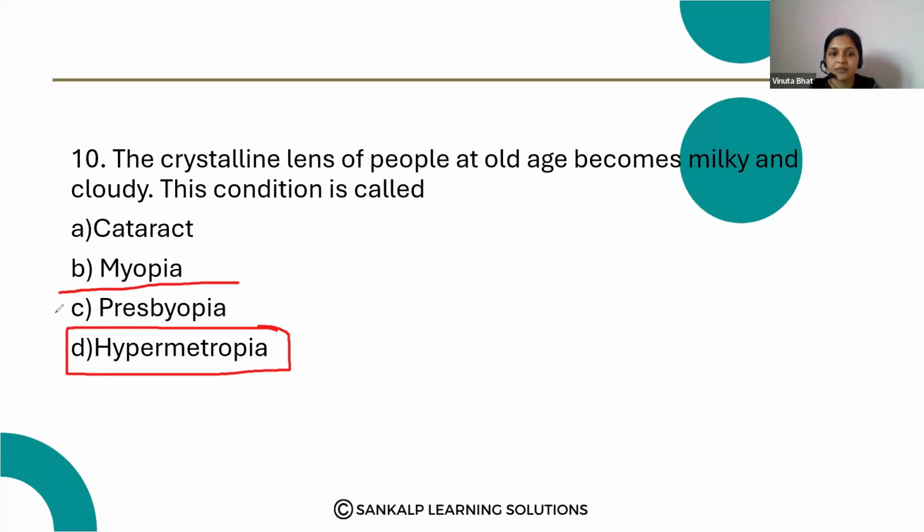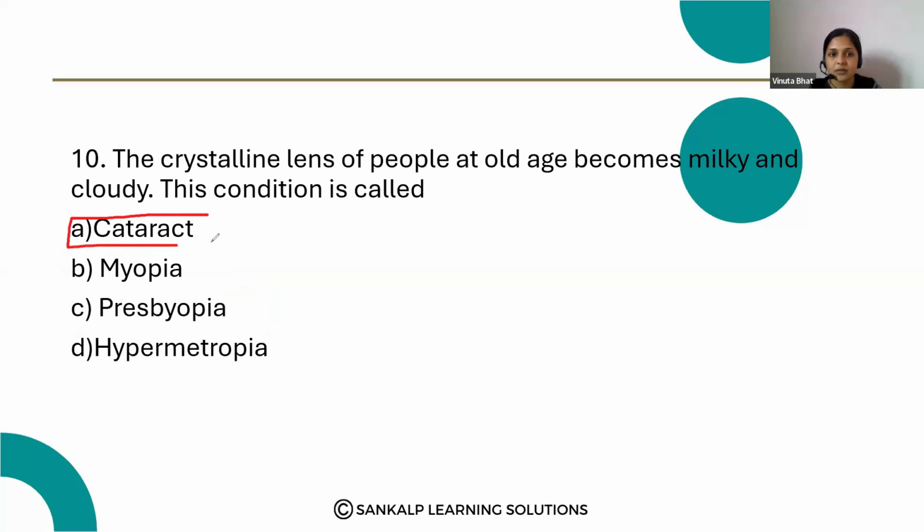Presbyopia does not form a milky and cloudy appearance. Myopia is an eye defect which does not cause a milky and cloudy appearance either. But option A, cataract, is the disease that occurs in old age people. Option A is the correct answer.